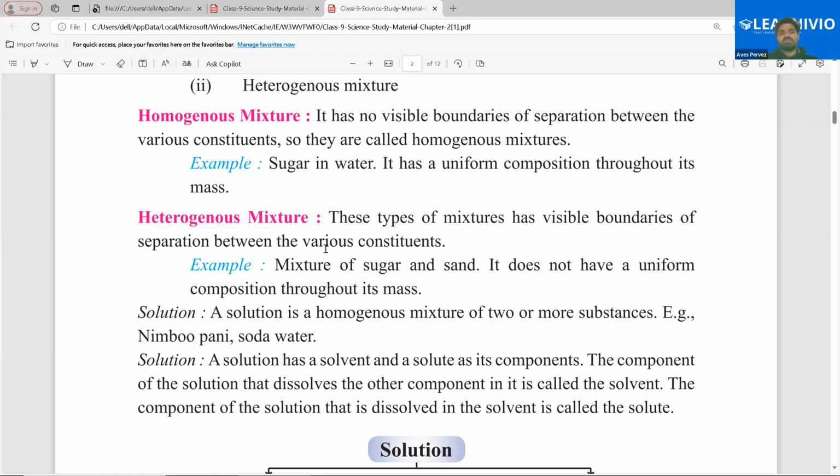So write down the definition for this one: homogeneous and heterogeneous mixtures. Just a minute.